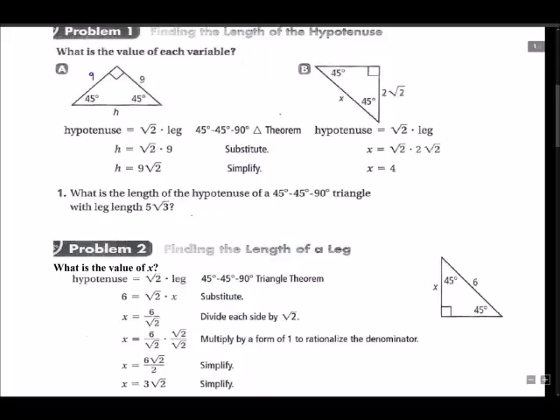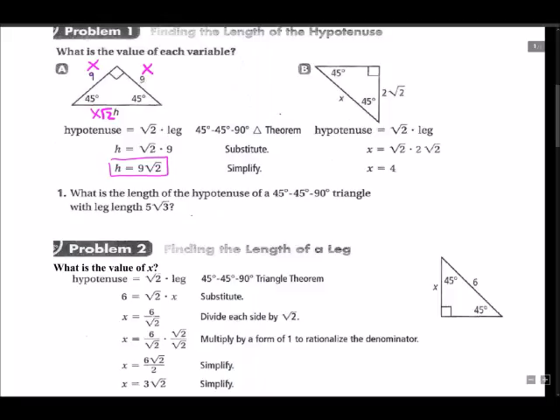And the first thing I'm going to do, well, let's look at the equation first. We know that the hypotenuse equals the square root of 2 times the length of a leg. Well, how long is our leg? It is 9. So I substitute in the length of the leg for 9, and I get 9 square root 2. I could also say this is x, and this side is x square root 2.